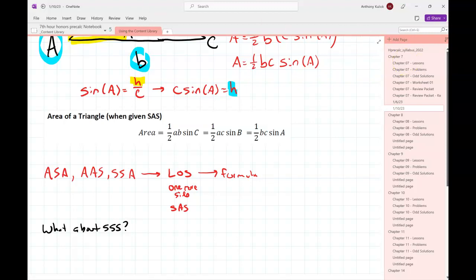All right, so what we're about to do is a process I would never expect you to repeat. I'm just going to show you how we would go about building this formula from our existing area formula, but this one is going to involve only the side lengths A, B, and C in it.